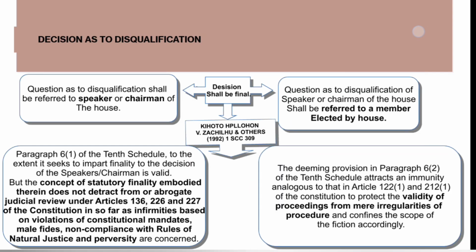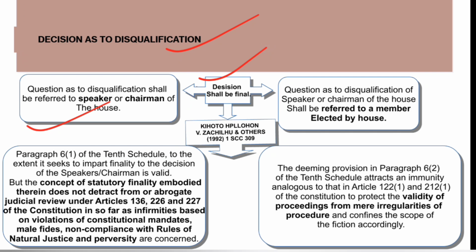Now comes the question as to who will decide, and whose decision shall prevail, with regard to disqualification. The question of disqualification is referred to the Speaker or Chairman of the House, and that decision shall be final as provided in the 10th Schedule.